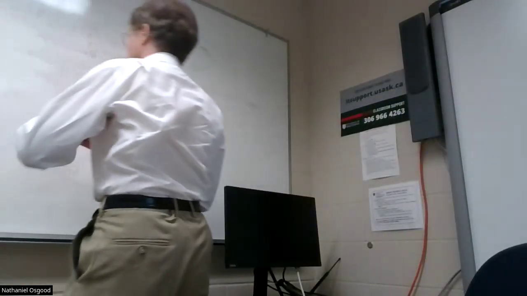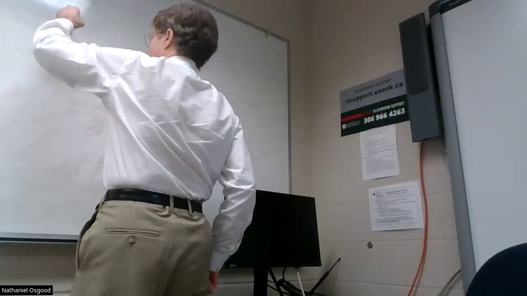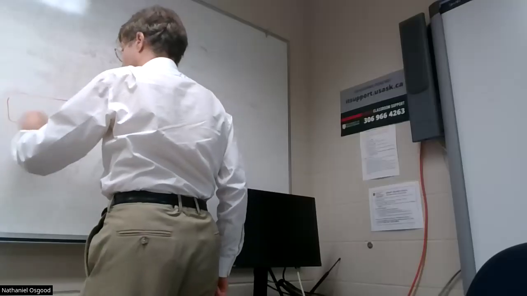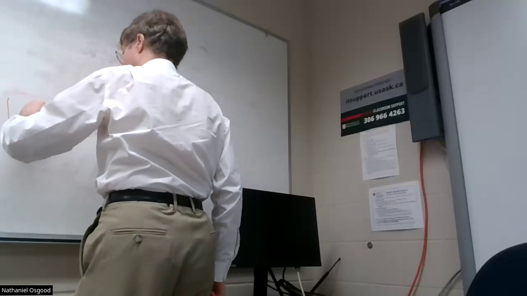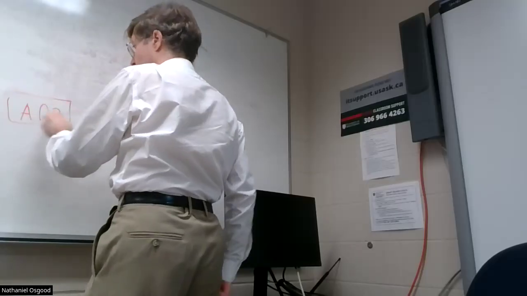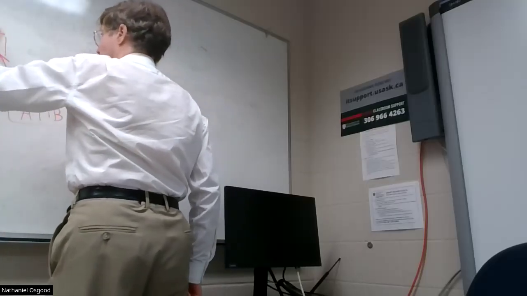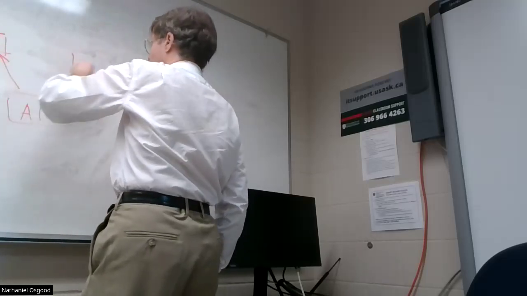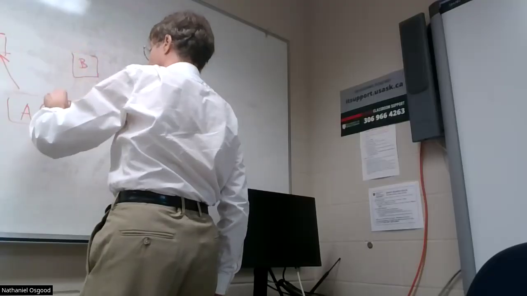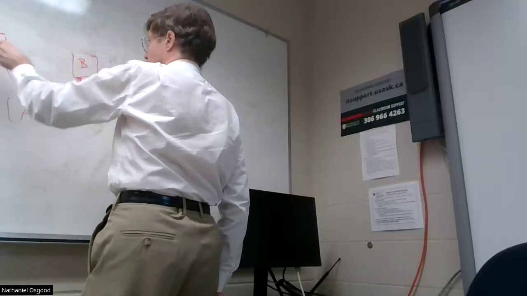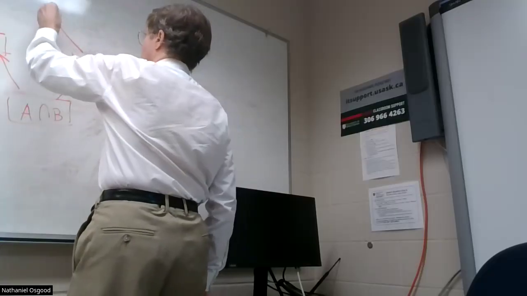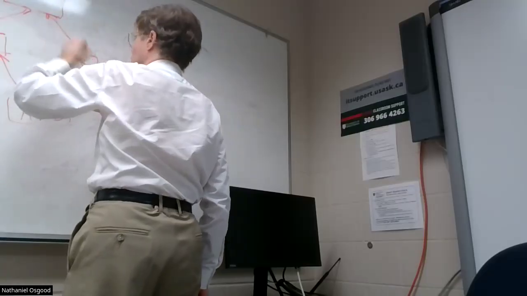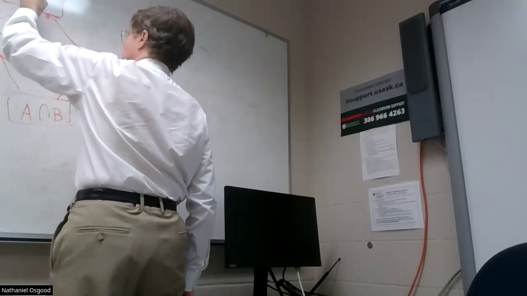So you might have, to show it in a most basic form, something like this: this might be some small region, this might be some region of space, A and B, and then this might be the union of these two places.